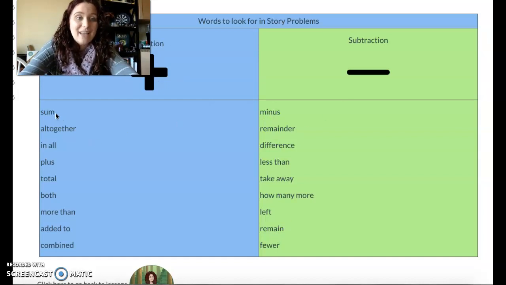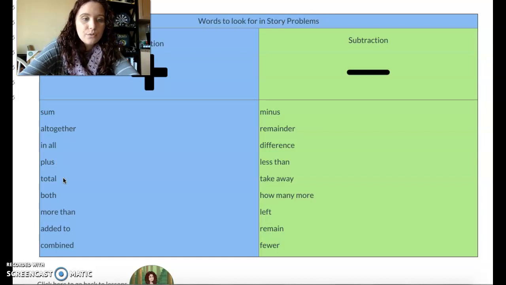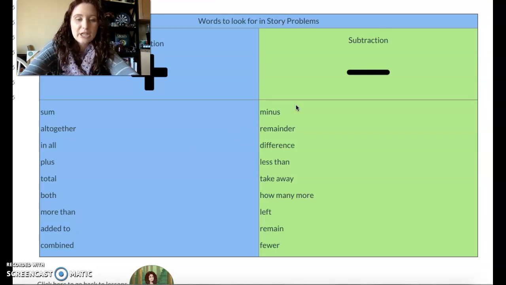So we have some, all together, in all, plus, total, both, more than, added to, combined. Then for subtraction, we have minus, remainder, difference, less than, take away, how many more, left, remain, and fewer.